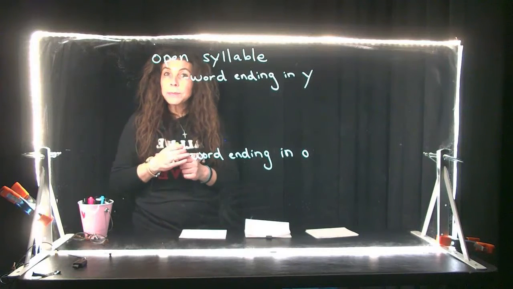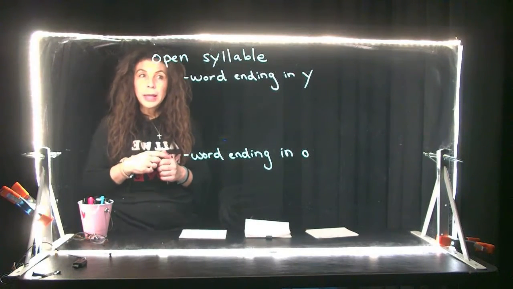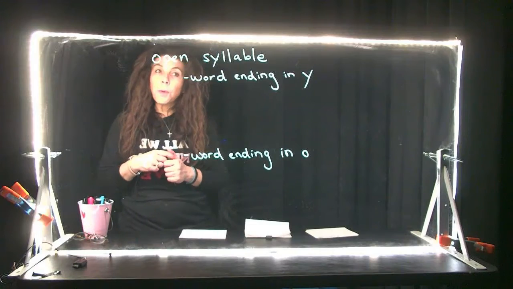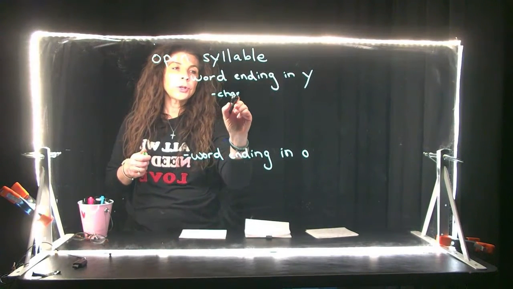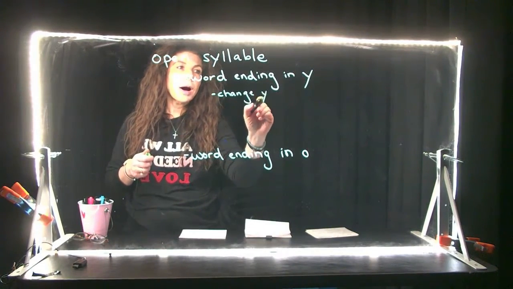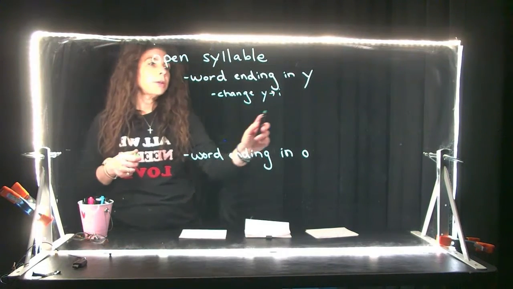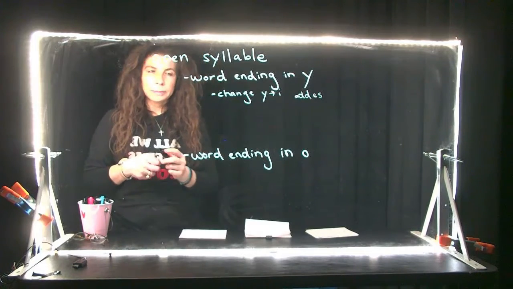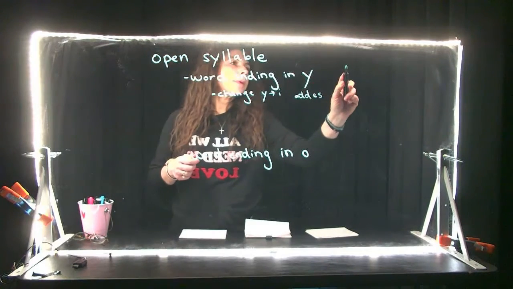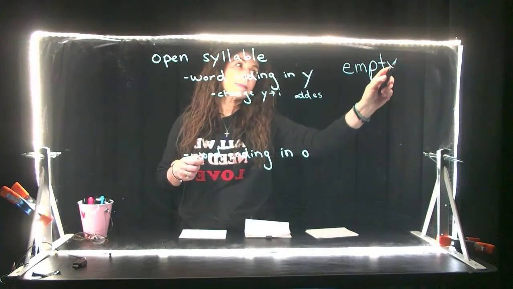If you have a multisyllabic word or even a one-syllable word and it ends with a Y, the rule is you change the Y to an I and you add ES. Say, for example, you have the word empty and something else.